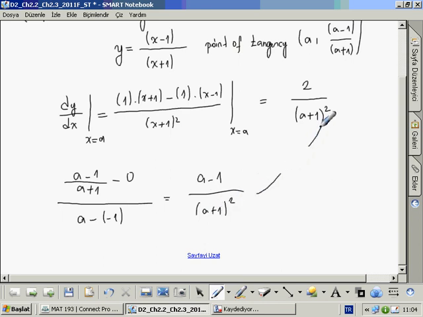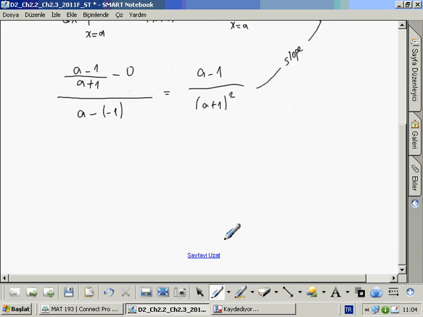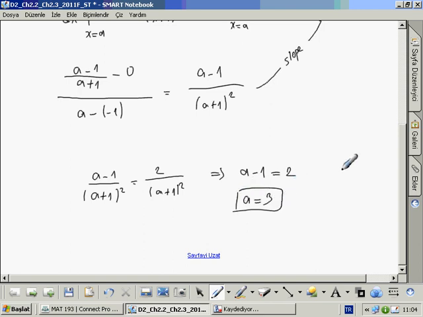These are the slope. And a minus 1 over (a plus 1) squared equals 2 over (a plus 1) squared, and after that a minus 1 equals 2, and a equals 3.